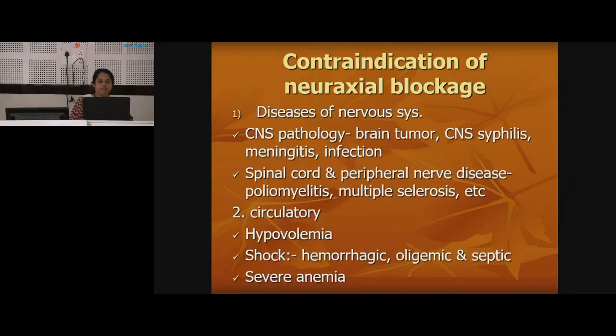Like diseases of the nervous system, if you consider CNS, in case of CNS, brain tumor, syphilis, meningitis. Then in case of spinal cord, poliomyelitis or multiple sclerosis. In case of hypovolemia, shock, hemorrhagic, maybe septic, or a severe anemia, again the spinal anesthesia is relatively contraindicated.